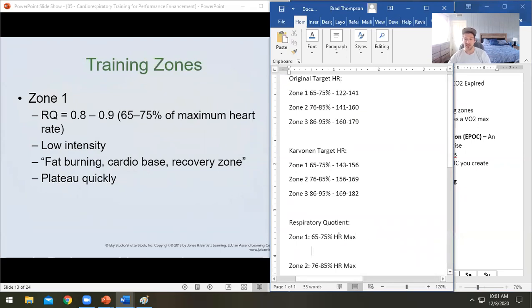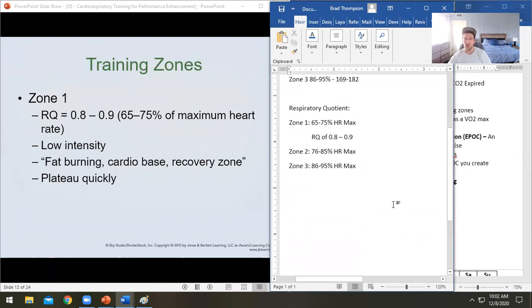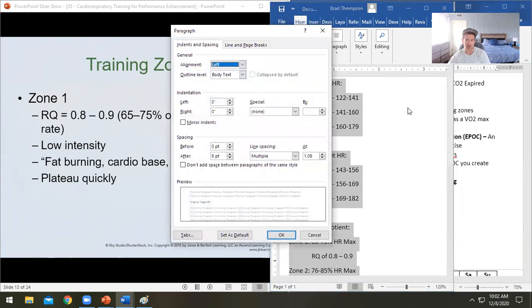What that means is zone 1 is an RQ of 0.8 to 0.9. So what I mean when I say an RQ of 0.8 to 0.9 is that you are consuming a lot of oxygen, but not all of it's getting used.